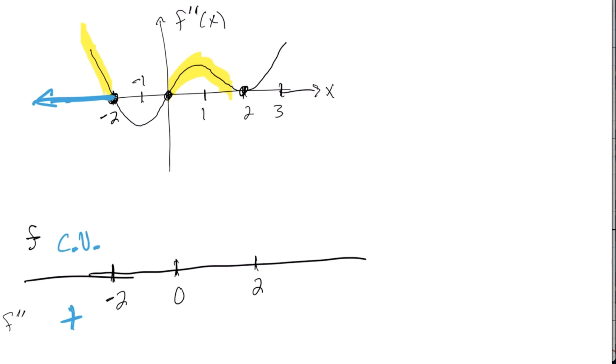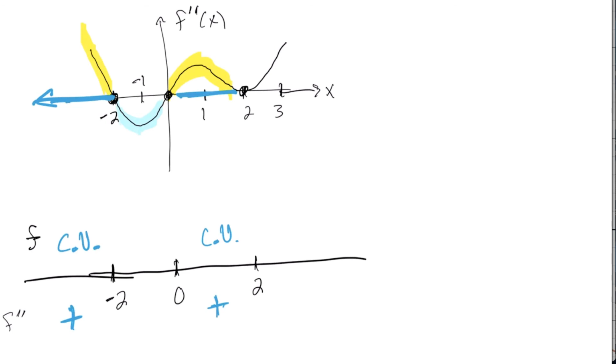And then, as x goes from 0 to 2, my second derivative is positive, so my function is also concave up on that interval. Now, between -2 and 0, my second derivative is negative, and I completely forgot one other interval. Let's come back and fix that in a second.